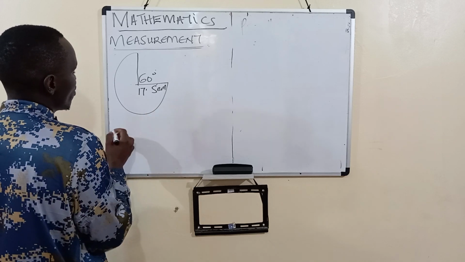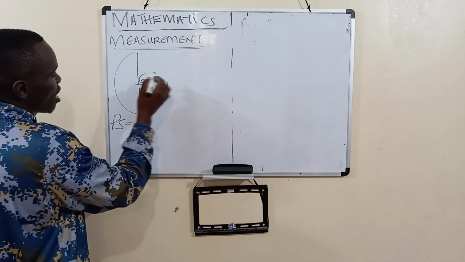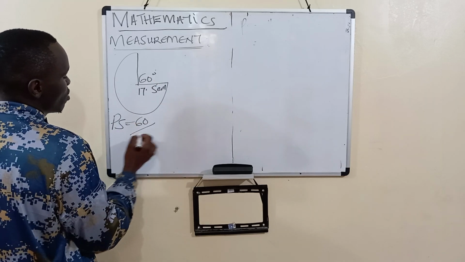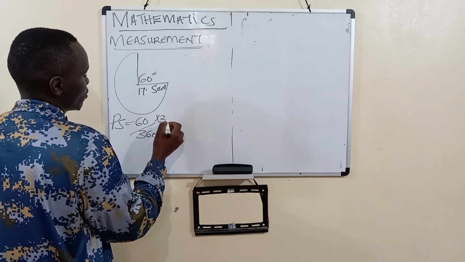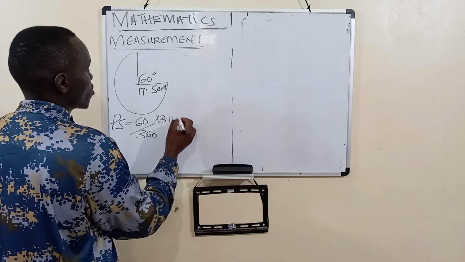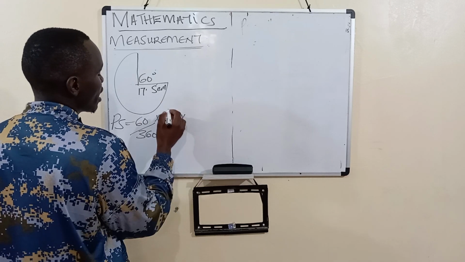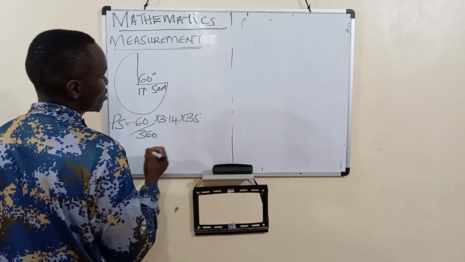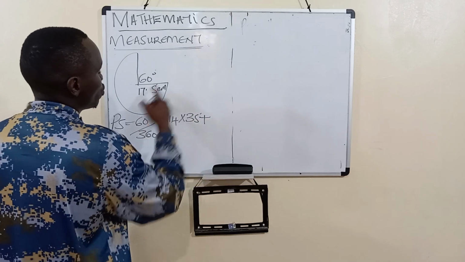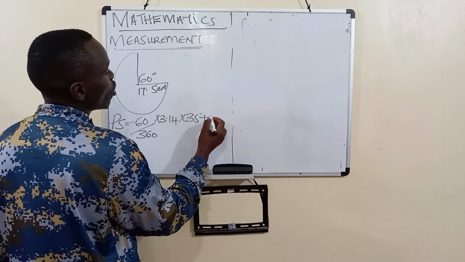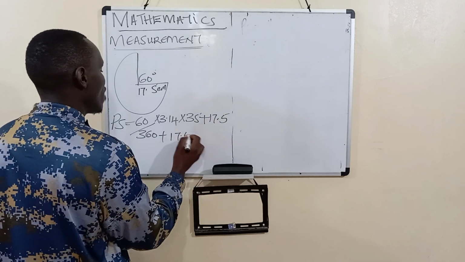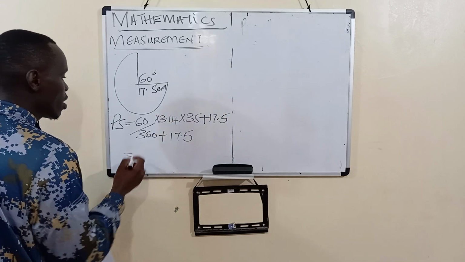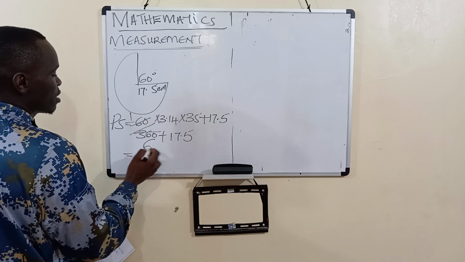So to get the perimeter of the sector, we are going to get the arc length. We multiply by the diameter, which is 35 centimeters, plus 2 radii. The 2 radii is going to be 17.5 plus 17.5.